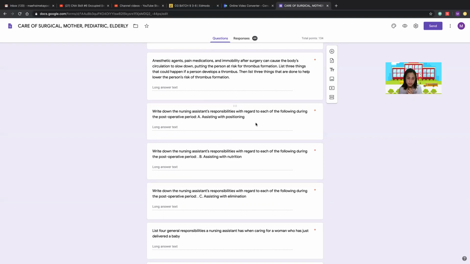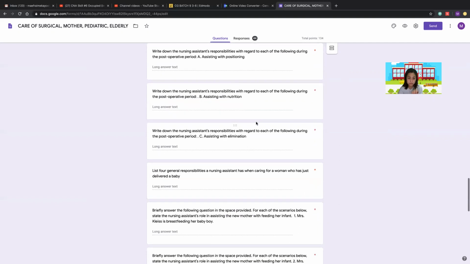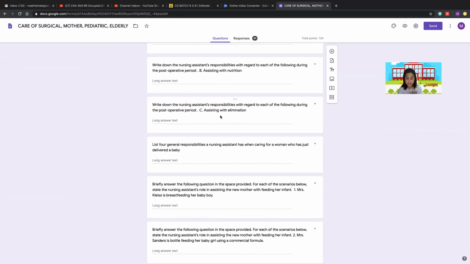Then, assisting with nutrition post-operatively, if your patient had general anesthesia, don't feed the patient for 4 to 8 hours because he might vomit. Assisting with elimination, you give a bedpan or urinal because if the patient had spinal anesthesia, he cannot go out of bed. Also with general anesthesia, he cannot go out of bed for 4 to 6 hours. So you assist with the elimination needs.